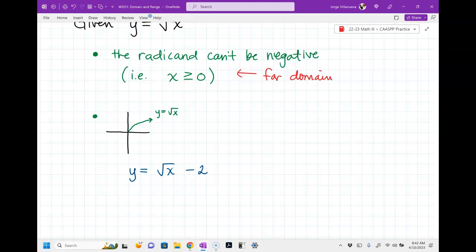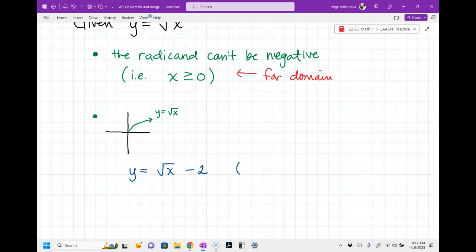Anybody remember? It's either going to move it left, right, up, or down. And it's on the outside, not the inside of the function. I'm trying to give you a couple clues before. Anybody remember? So a minus 2 on the outside brings it down twice. Okay?